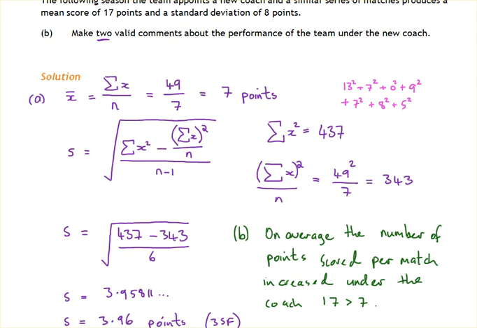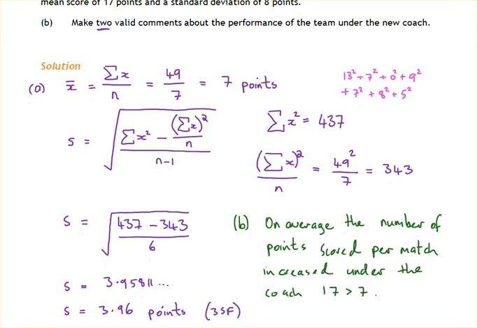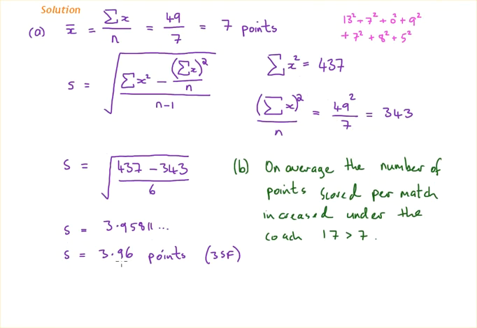So that's us compared the means together, but we also need to consider the standard deviation. Remember, this new coach got a standard deviation of 8 points, whereas we'd calculated that under the old coach we had a standard deviation of around about 4 points. What that means is that under the new coach the number of points scored is less consistent.